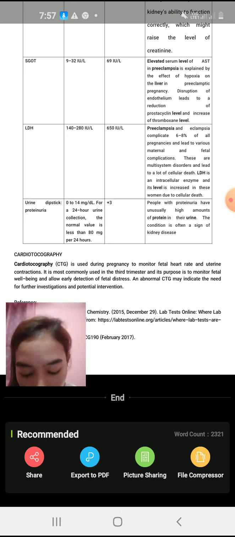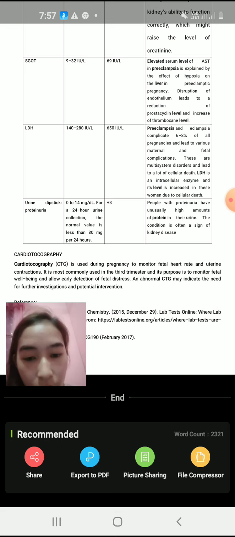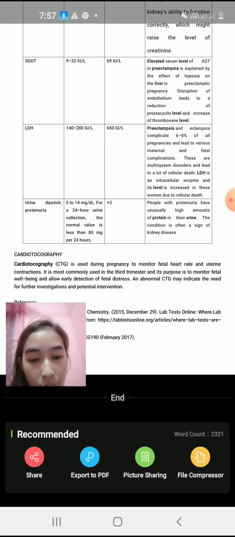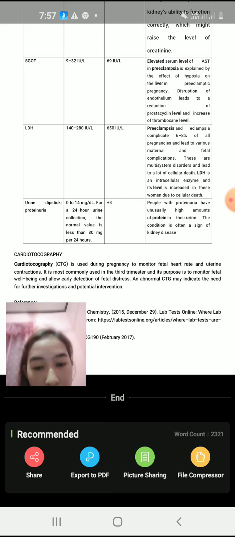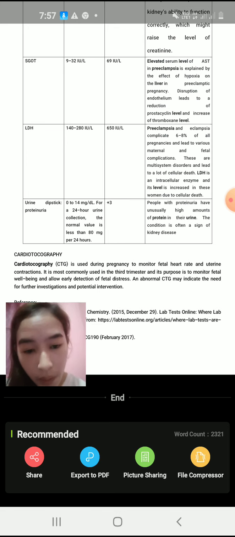So for the fetal well-being, we also check the cardiotocography or CTG. It is used during pregnancy to monitor fetal heart rate and uterine contractions. It is most commonly used in the third trimester, and its purpose is to monitor fetal well-being and allow early detection of fetal distress.